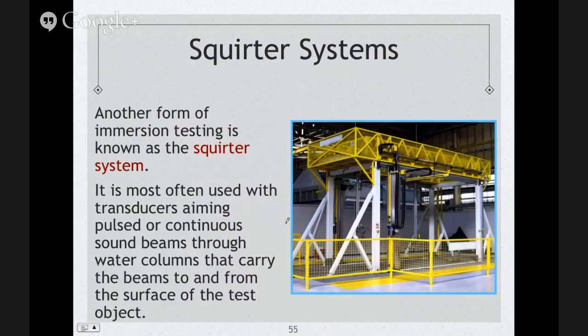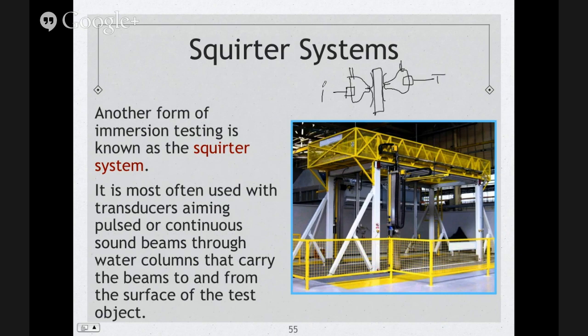Another form is the squirter system, in which we have a water column and two transducers, and we have our part. We have a little water hose connected to this, and water fills this cavity and overflows on both sides.